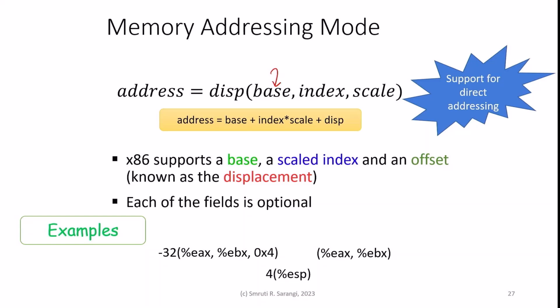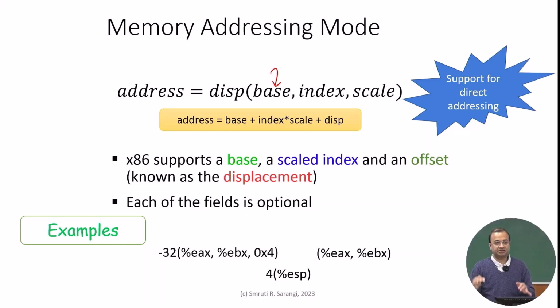For example, the base register could be the starting address of an array. The index register could be the index of the array, like A[i]. So A is the base and i is the index. And then the scale is that it could be an array of integers or an array of doubles or an array of characters.